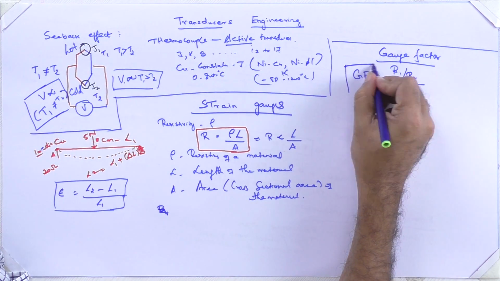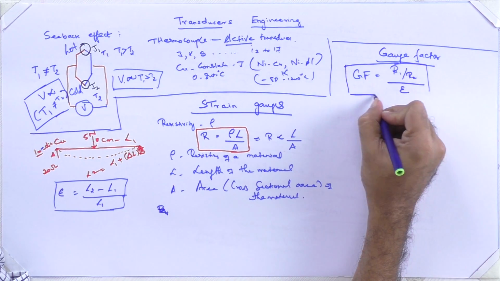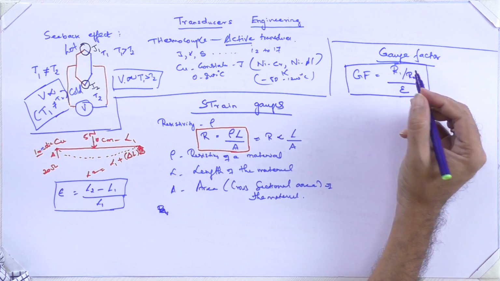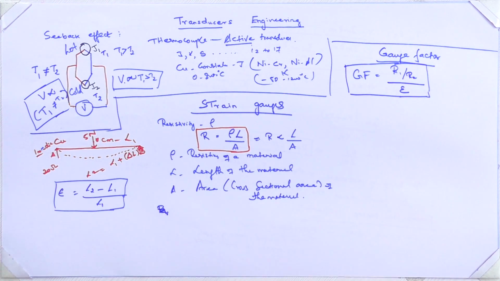This is a simple equation by which how much strain a single strain gauge can withstand can be calculated. This is called the gauge factor.